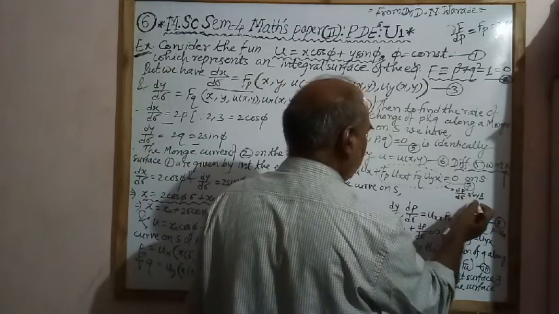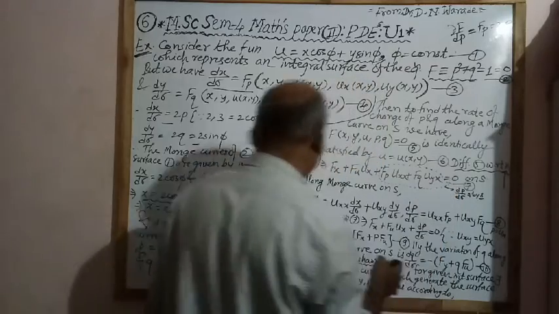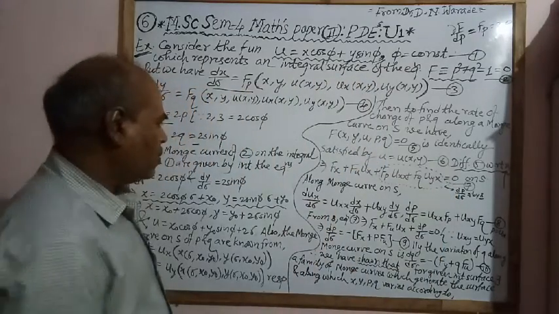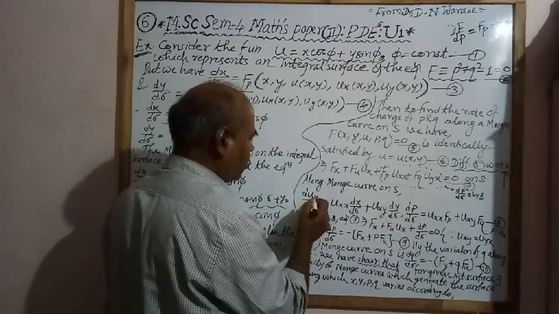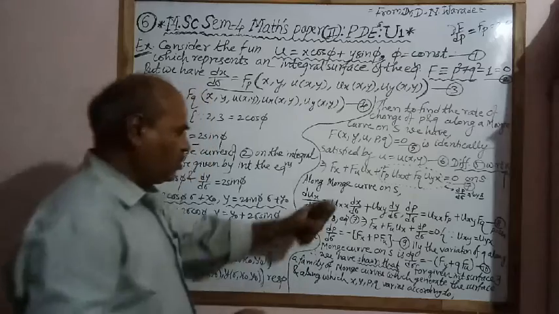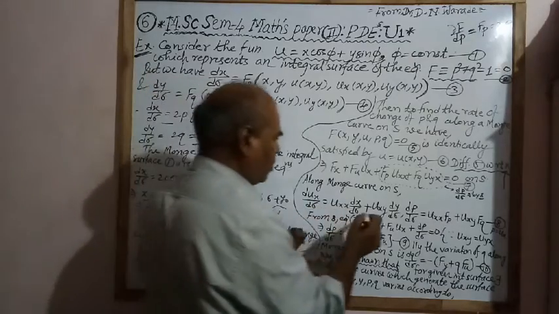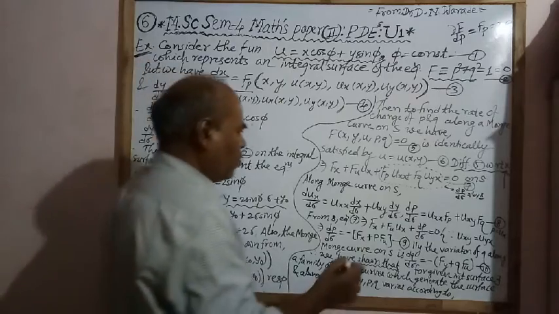Now from equation 8, this is dp by d sigma is this equation. Also the Monge curve on S is given by dux by d sigma, that is partial derivative of ux with respect to sigma is given by uxx into dx by d sigma plus uxy into dy by d sigma. Dp by d sigma equal to this.